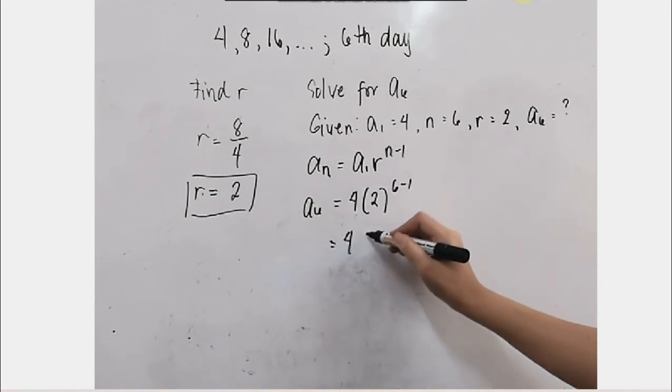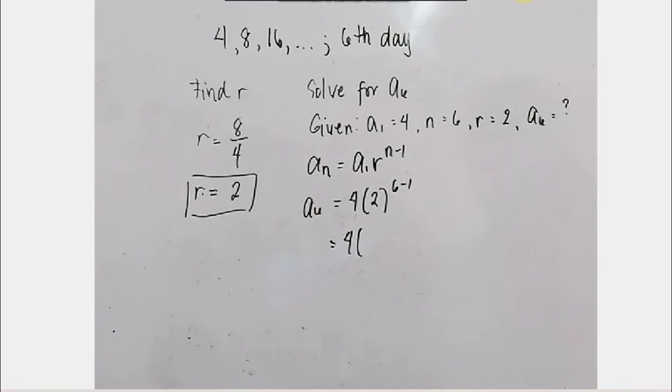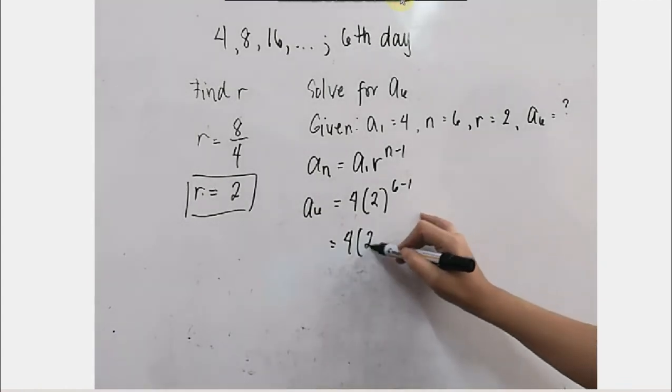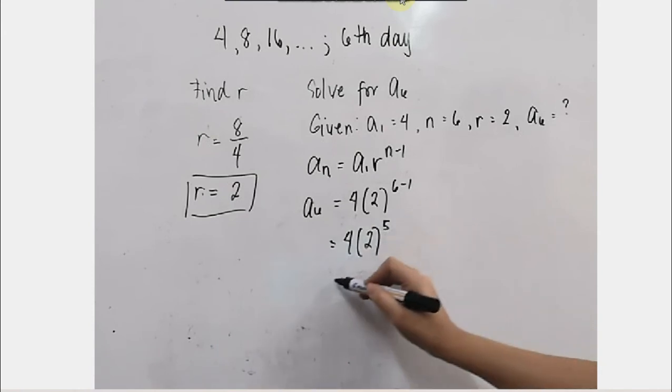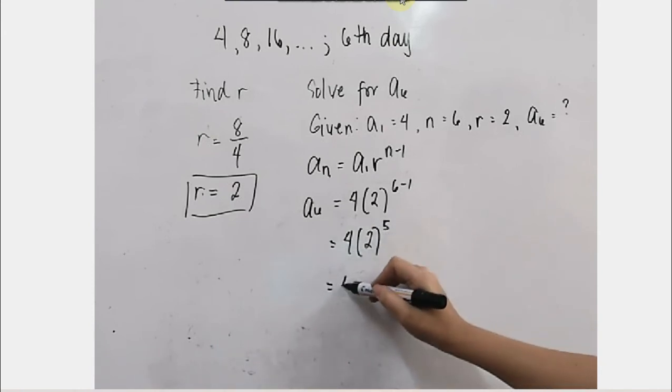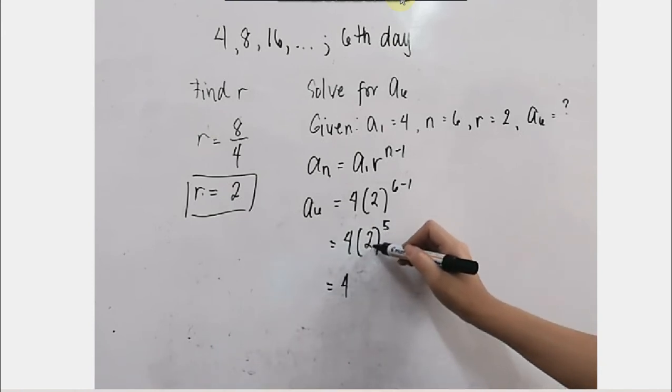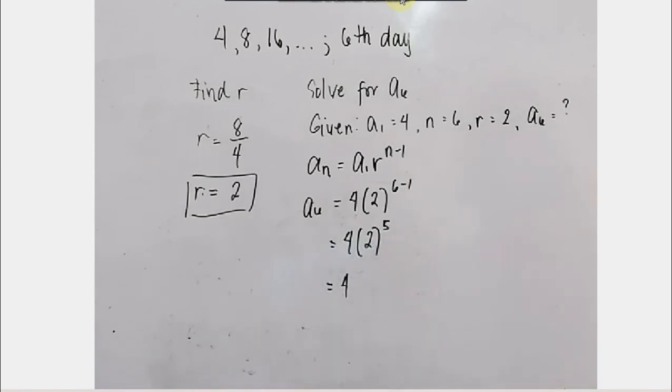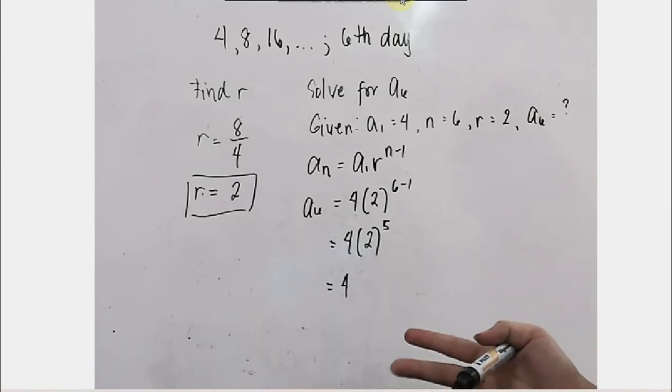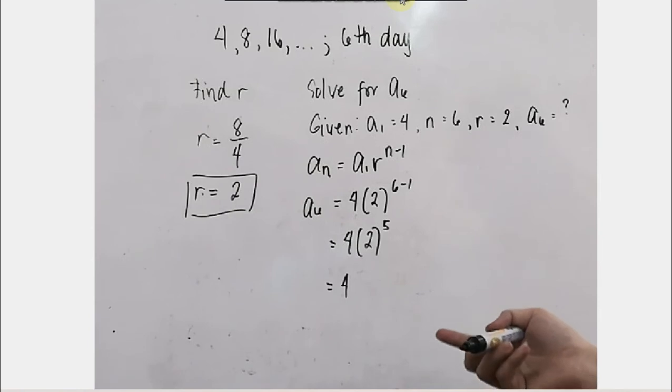So that will give us 4 times 2 raised to the power of 5. So again, to get this, we have 2 raised to the power of 5, meaning multiply 2 five times to itself.